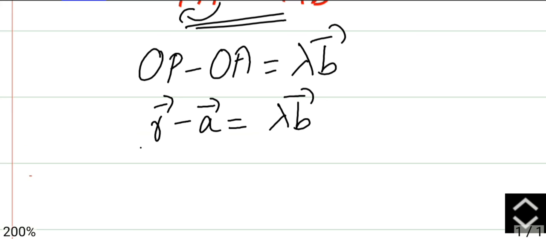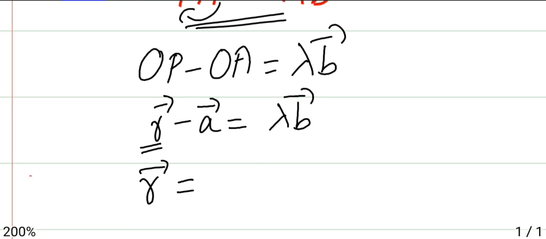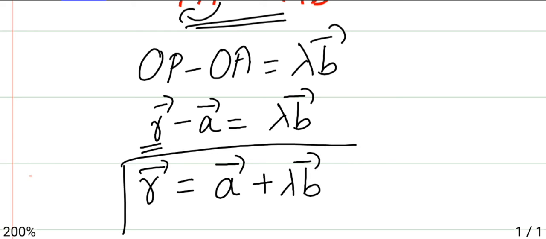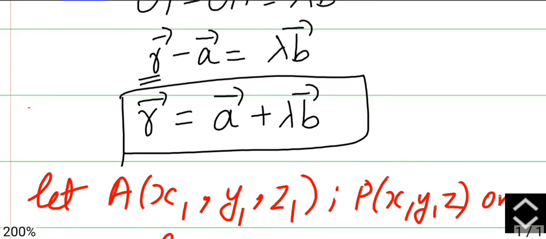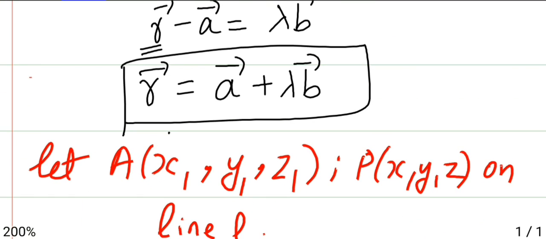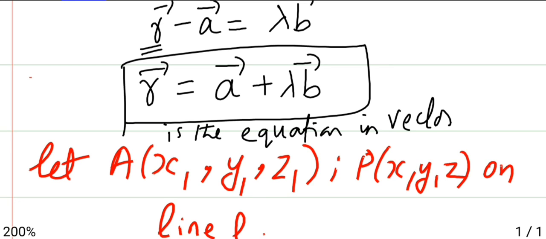Now I want only the position vector R, so I'll keep R vector as it is and send A to the other side. It becomes R vector equals A vector plus lambda B vector. So this is the equation in vector form. We have found the equation in vector form.